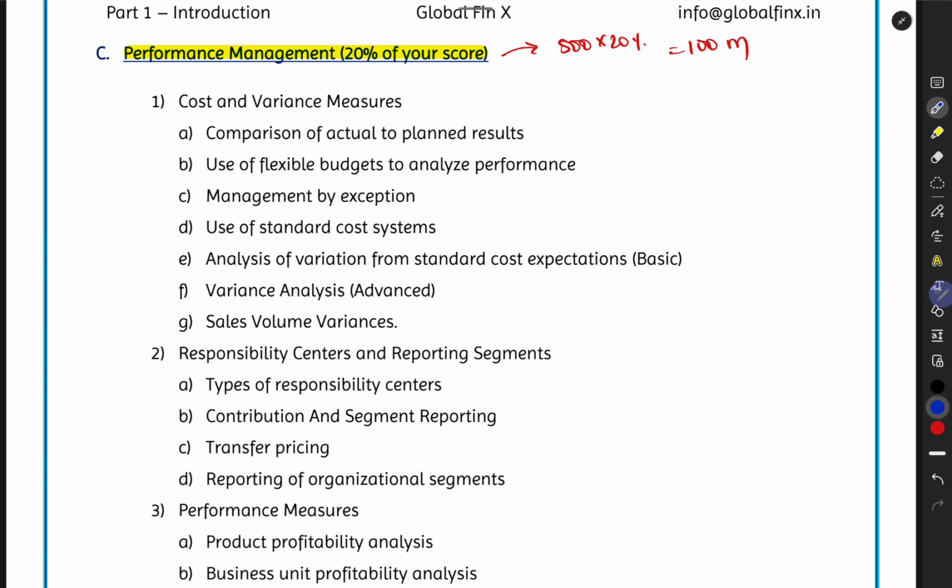Let me just write it on the screen. Things that get measured will get done. Things that get measured plus feedback get done better.